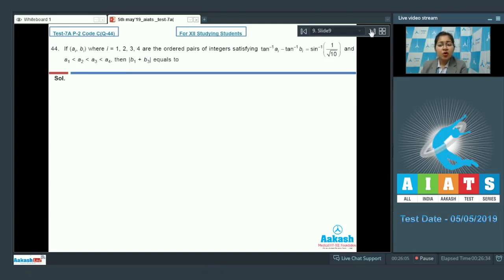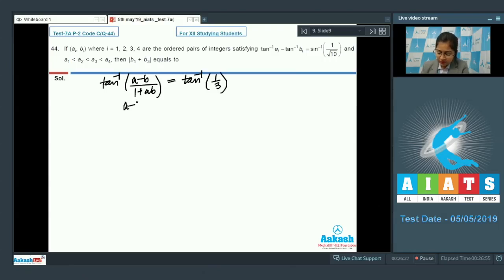Now we know the formula of tan inverse A minus tan inverse B, that can be written as tan inverse of A minus B upon 1 plus AB, and the value of sine inverse 1 by root 10 can be written as tan inverse 1 by 3.